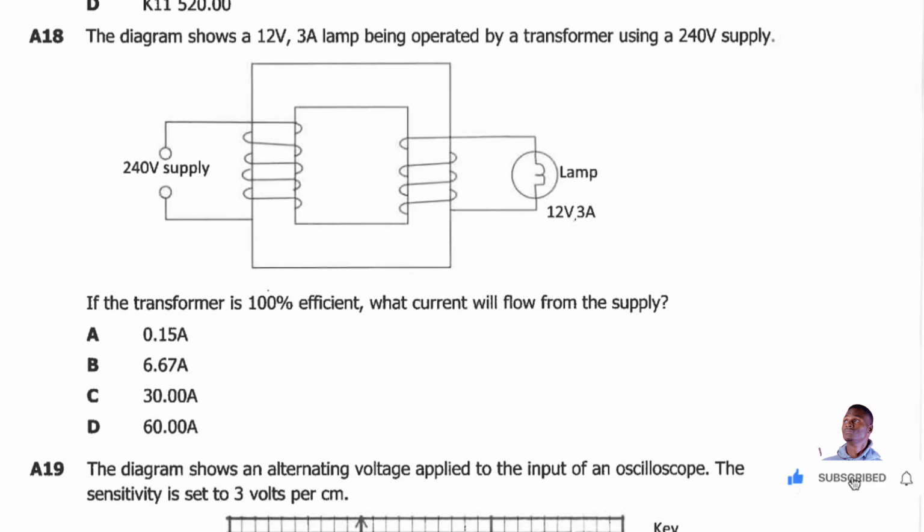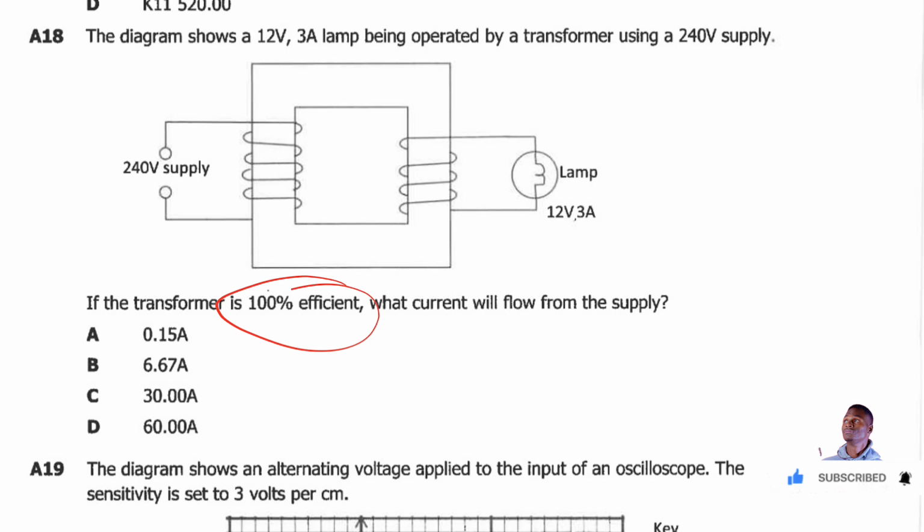Question 18, the diagram shows a 12 volts 3 amp lamp being operated by a transformer using a 240 volt supply. Then the question is saying, if the transformer is 100% efficient, what current will flow from the supply?